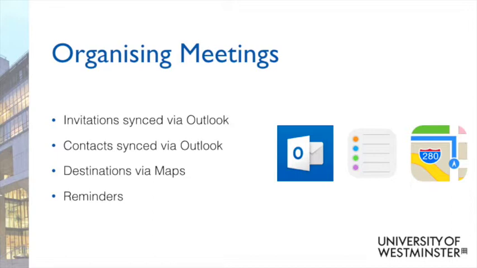So in this short video, we've seen that our iPad automatically synchronizes to Outlook, our diary synchronizes, our contacts synchronize, and that there are benefits to using the Apple apps, such as the Calendar app, because it will pull in detail from the Maps app and give us the destinations.